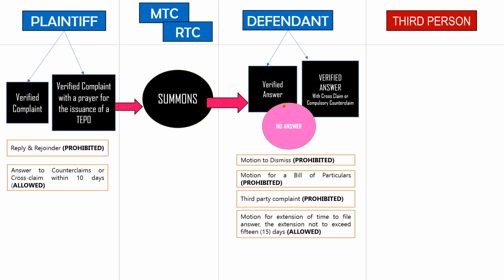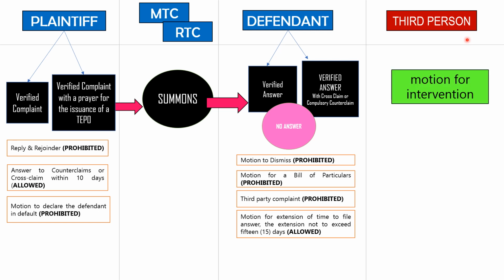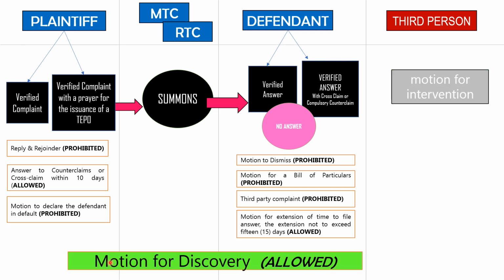Kung hindi naman sumagot si defendant, then plaintiff is not allowed to declare the defendant in default. Hintayin niya ang court ang mag-declare kay defendant in default. At kung meron namang third person na gustong pumasok sa pending case, then he is allowed to file a motion for intervention.